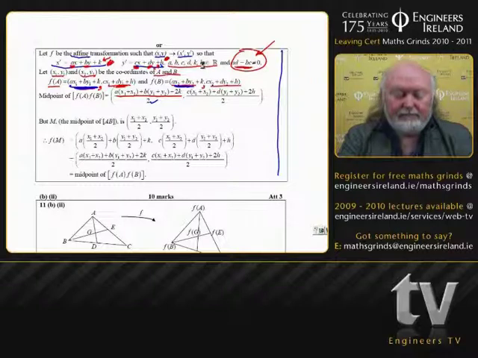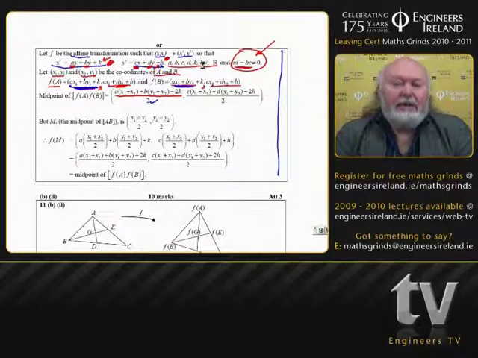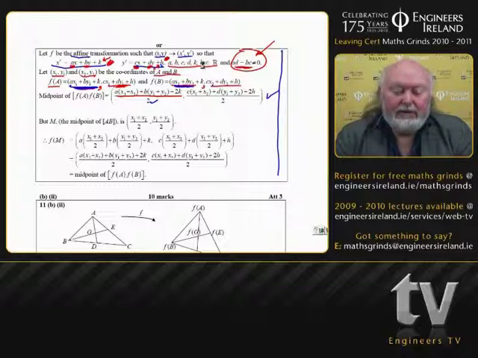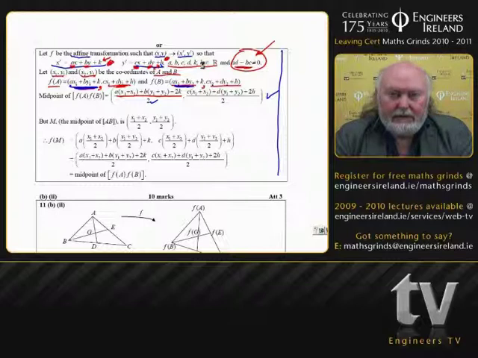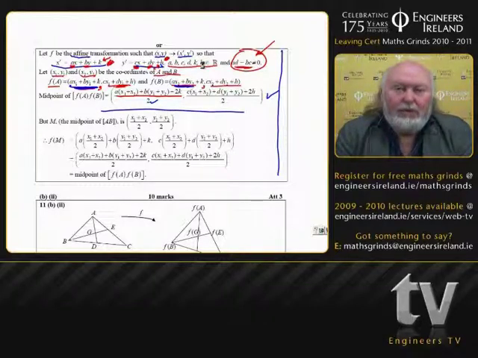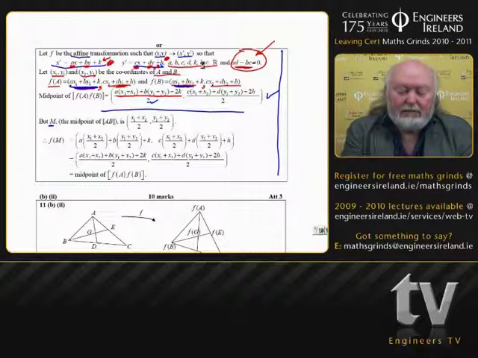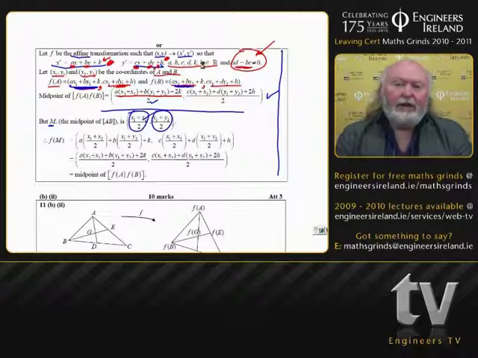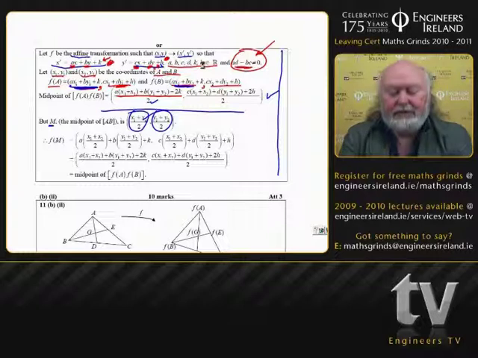Now, we have now found the midpoint of the two transformed points, FA, FB. That's half the work done. Down here now we're going to say, what was the midpoint of the original segment? What was M? That has to be its x value, that has to be its y value. And now we're going to transform that across.